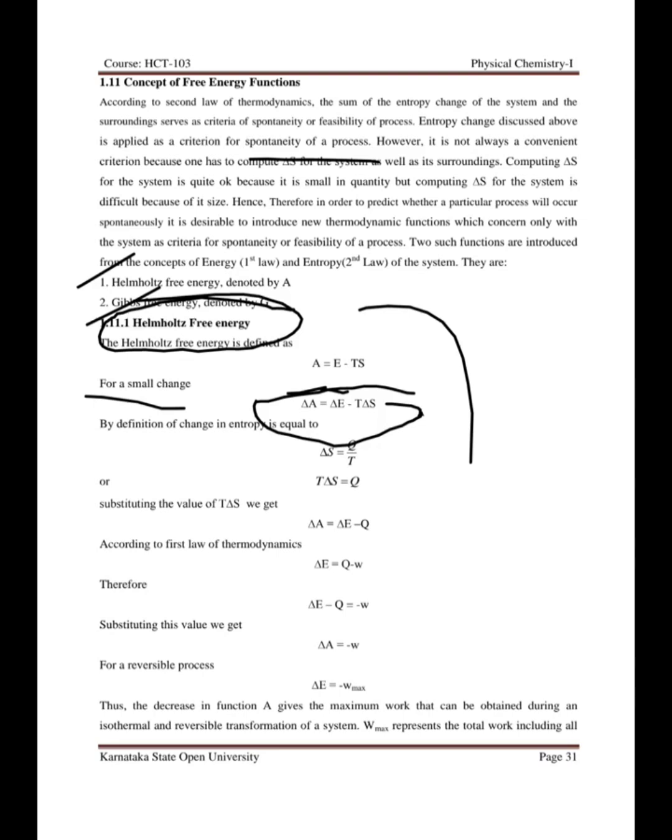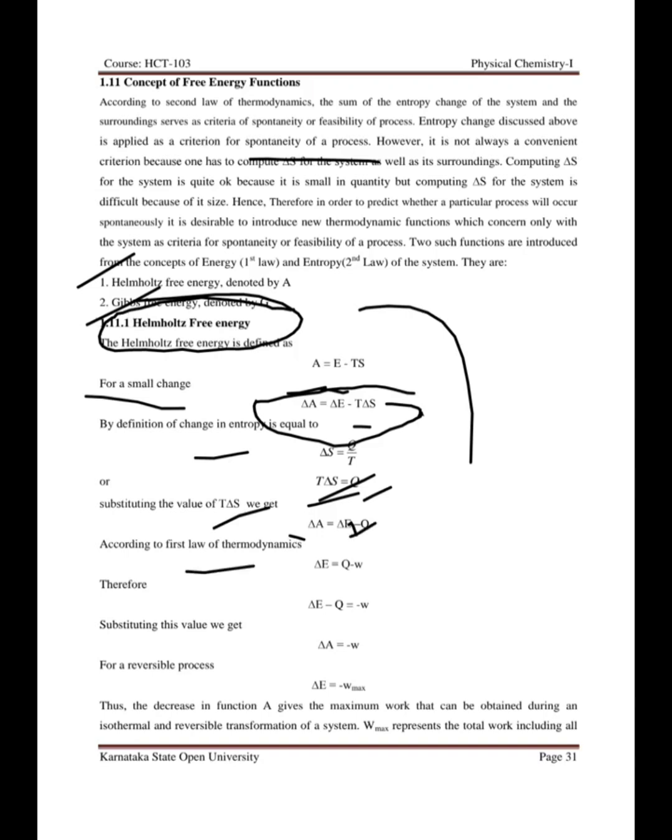By definition, the change in entropy delta S is equal to Q by T. So T delta S is equal to Q. Substituting the value of T delta S as Q, we can write delta A is equal to delta E minus Q.